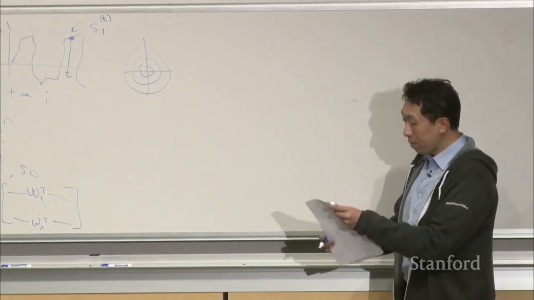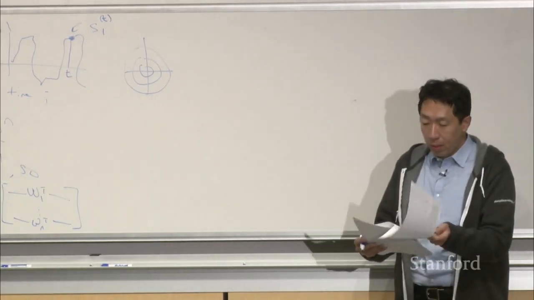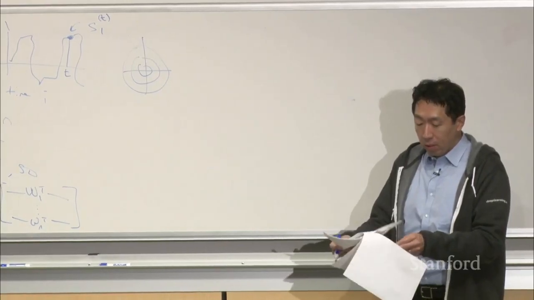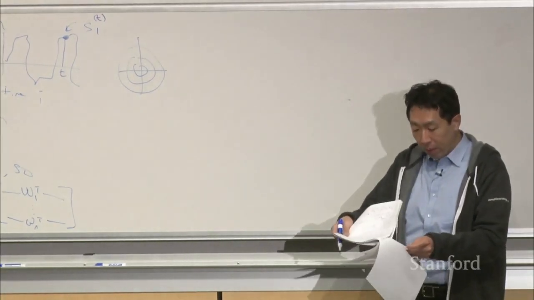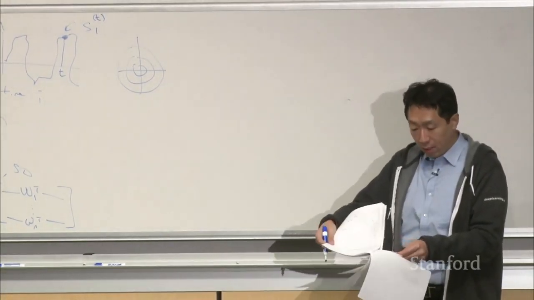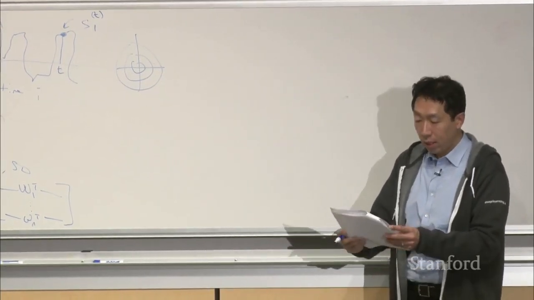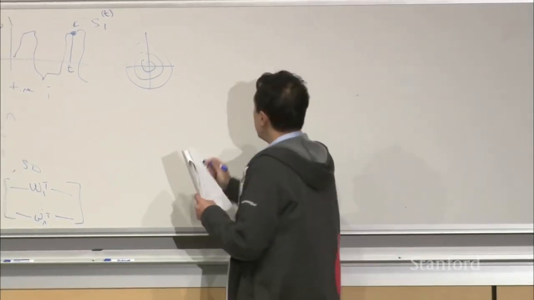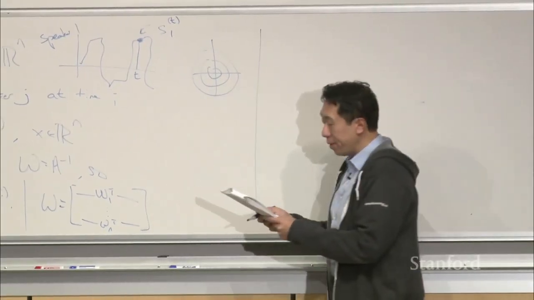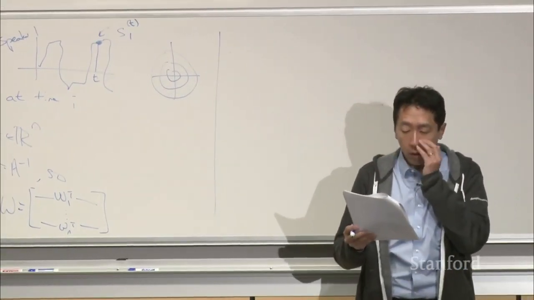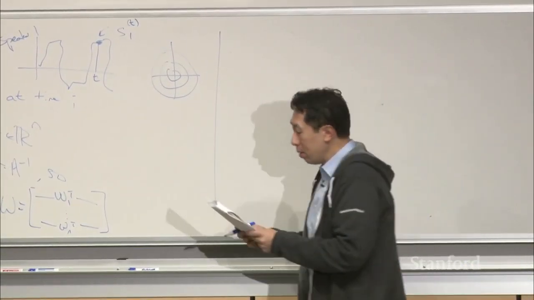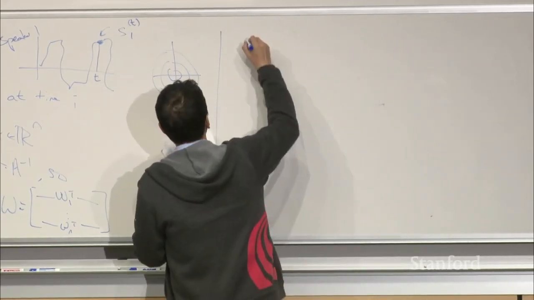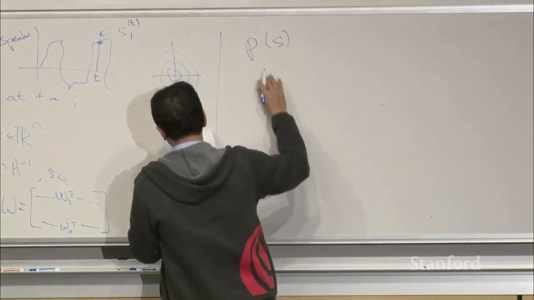So what I'd like to do is develop the ICA algorithm assuming that the data is non-Gaussian, okay? Now, in order to develop the ICA model, we need to figure out what is the density of S, right?